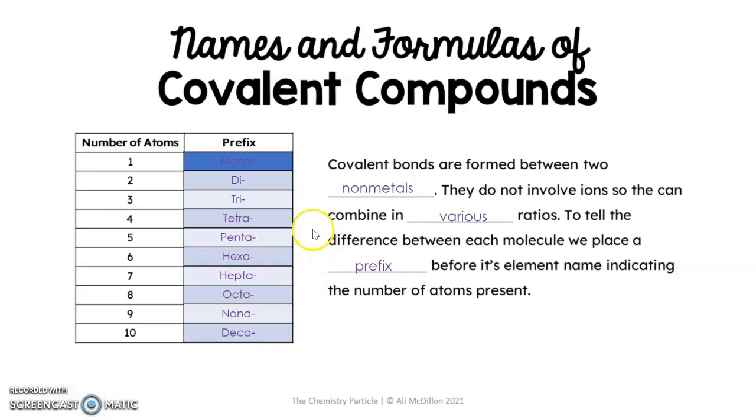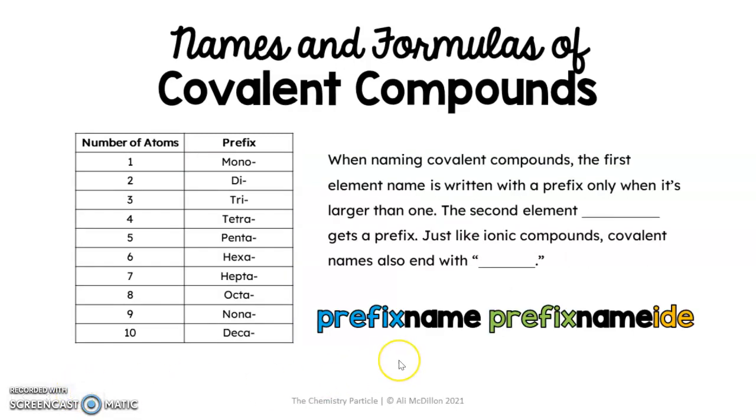So here are the prefixes we're going to use to help us name our covalent compounds. 1 is mono, 2 is di, 3 is tri, 4 is tetra, 5 is penta, 6 is hexa, 7 is hepta, 8 is octa, 9 is nona, and 10 is deca. A lot of times we don't get into these upper numbers, but you could see them, so we do need to know them.